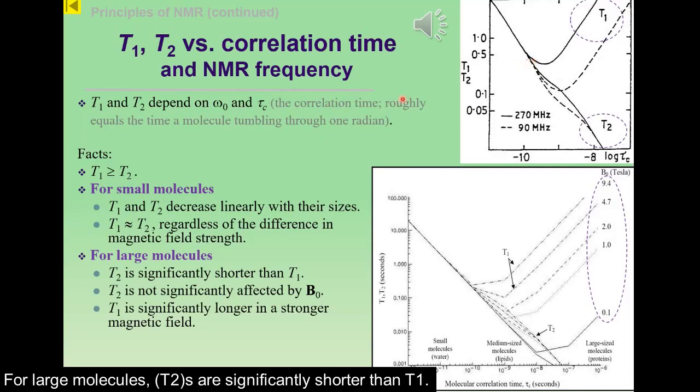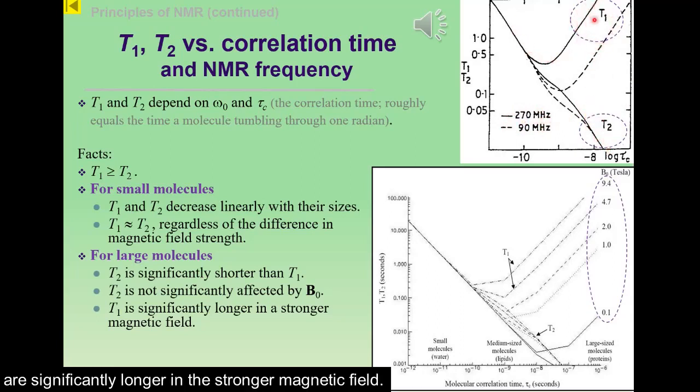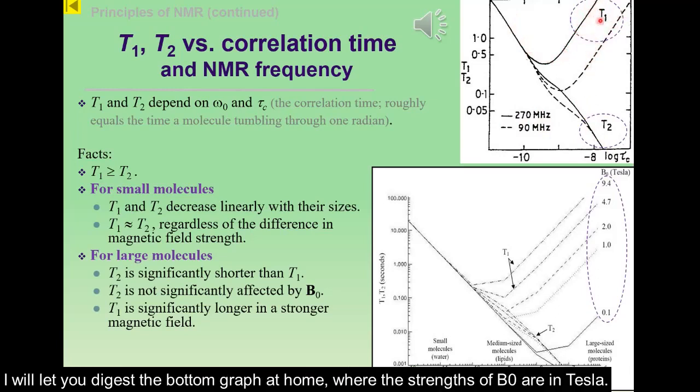For large molecules, T2s are significantly shorter than T1s, and they are not significantly affected by B0. But T1s, the solid curves, on the other hand, are significantly longer in a stronger magnetic field. I'll let you digest the bottom graph at home, where the strengths of B0 are in Tesla.